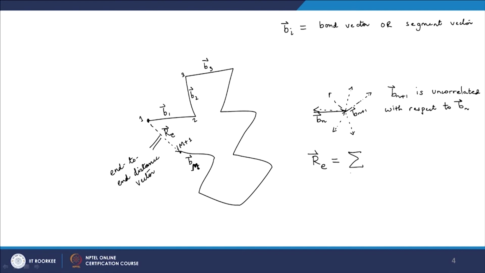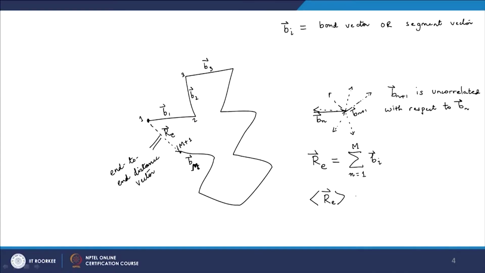So, we can sum from n equal to 1 to capital M of Bi, which will be the same as the end to end distance vector. Okay. So, let us say I try to find the ensemble average of this, then this will mean an ensemble average of that.